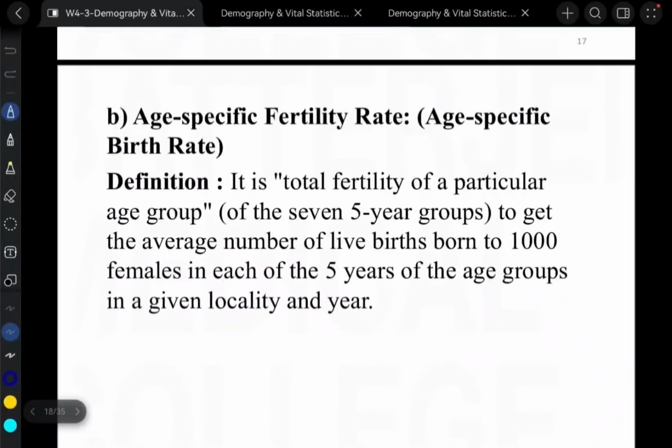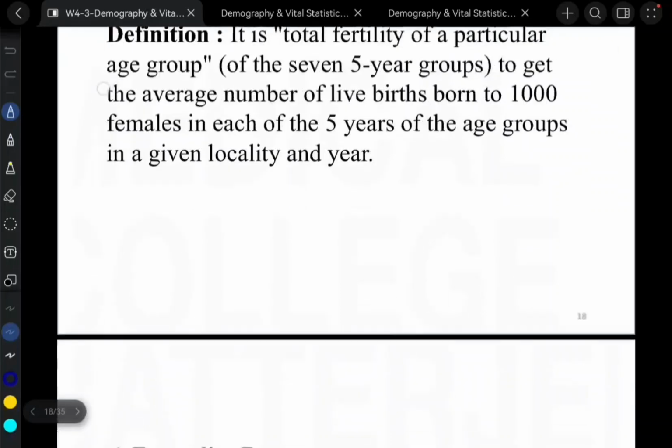And then we have the age-specific fertility rate, where we divide them. Let's read the definition together first. It is the total fertility of a particular age group of the 7 five-year groups to get the average number of live births born to 1,000 females in each of the 5 years of the age groups in a given locality.